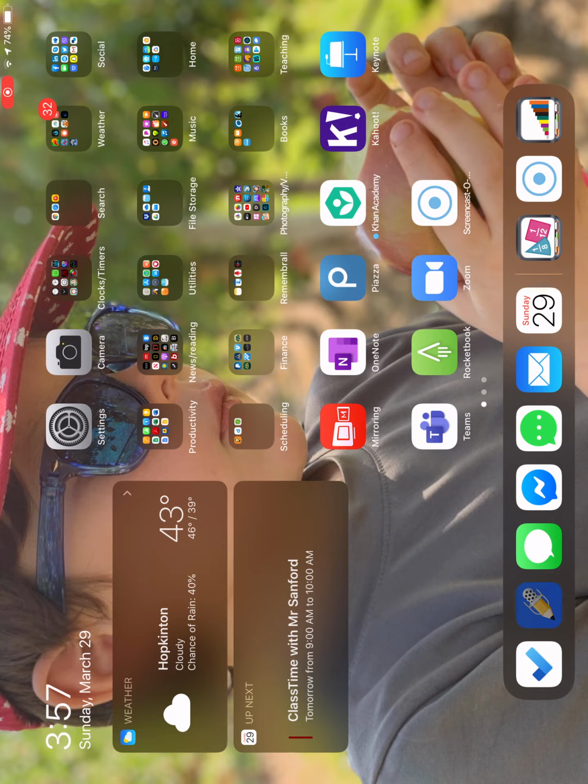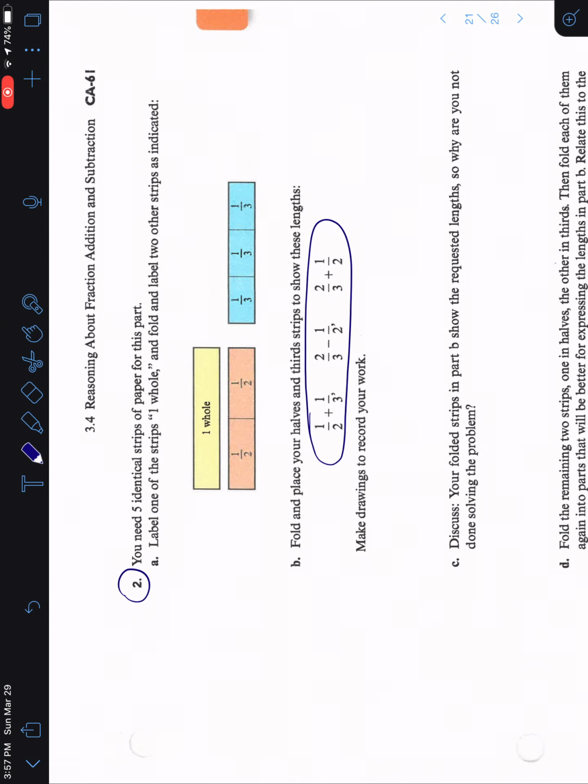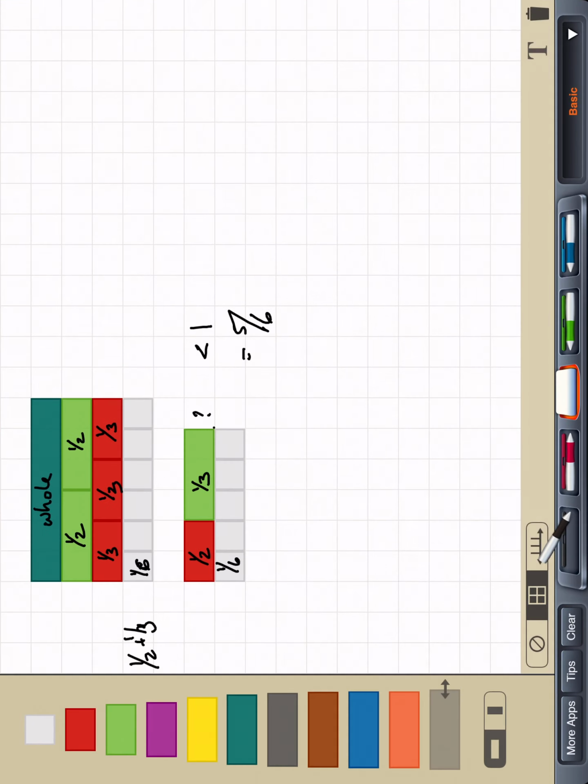Let's look at the next question. The next question is 2/3 minus 1/2. Let's do that. The thirds were red, so 1/3 and 1/3 minus 1/2. So we're looking for this.